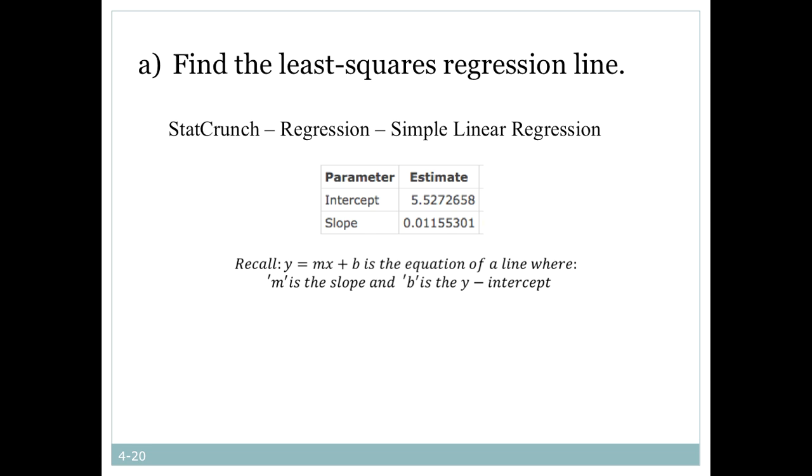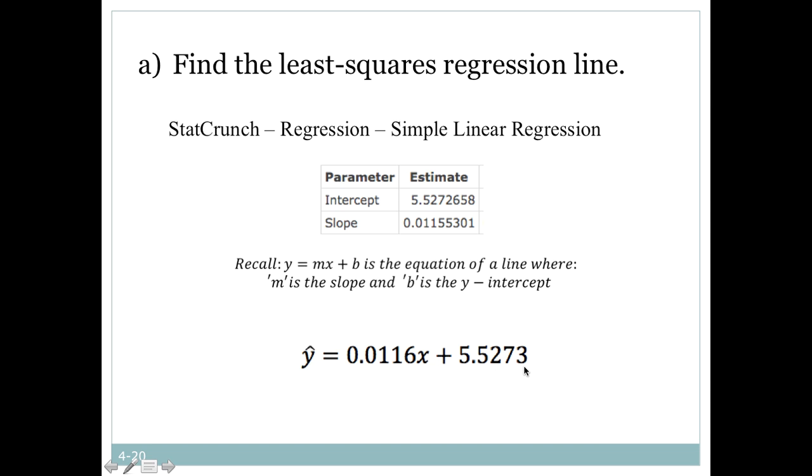Now it's very easy to put these pieces together to actually create the equation of the line. The equation of your line is always going to start with y hat because that's a prediction. The little hat above it indicates that it's not an actual y value, it's a predicted y value. So y hat equals our slope, which was given up here. I rounded to 4 decimal places, so it's 0.0116 times x plus 5.5273.